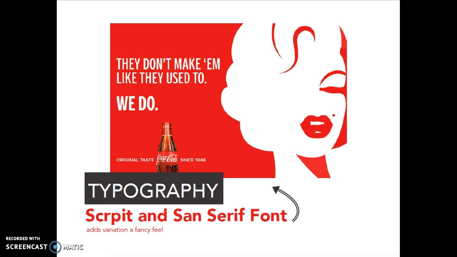The other thing they used was a sans serif font. They use this to capture the rest of the words in the image to be simple and direct and not be too distracting but be bold. They also use Coca-Cola as their font, the script font, to have a fancier, more flowy feel.